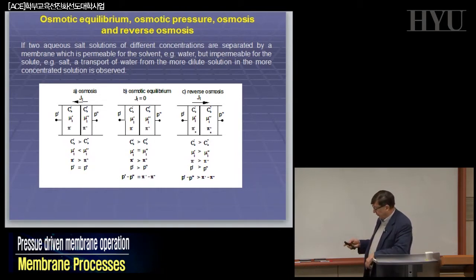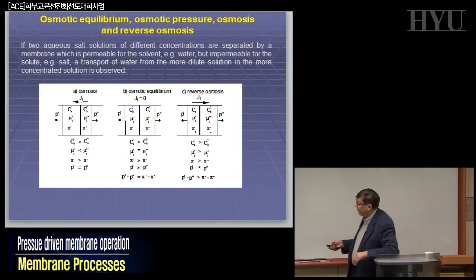Which is the phenomenon? If you have a membrane which, following the definition before, is selective for the components dissolved in the solution, for example, a semi-permeable membrane is a membrane that in terms of rejection has 99.9% selectivity for sodium chloride. That means water is going across. Sodium chloride cannot pass the membrane.